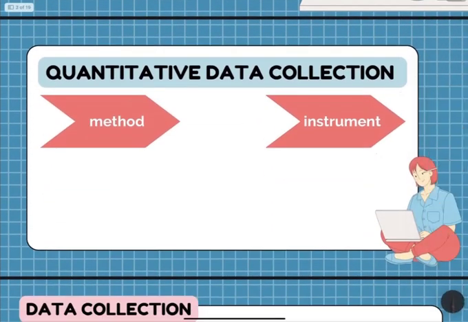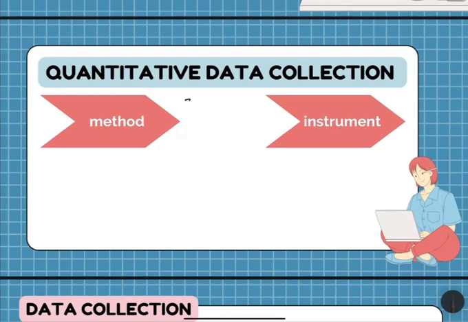Now, let's take a look at the first part of our lecture discussion, and that is learning about quantitative data collection. Remember that this part of your research is crucial because your evidence will be based on how you gather your data. So prior to your data collection, you need to be particular with the following considerations.